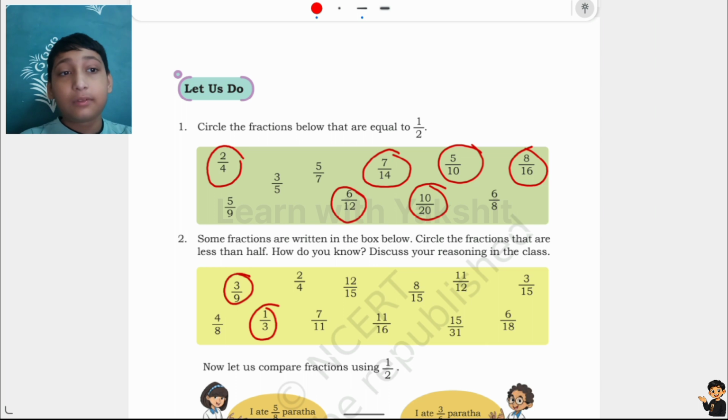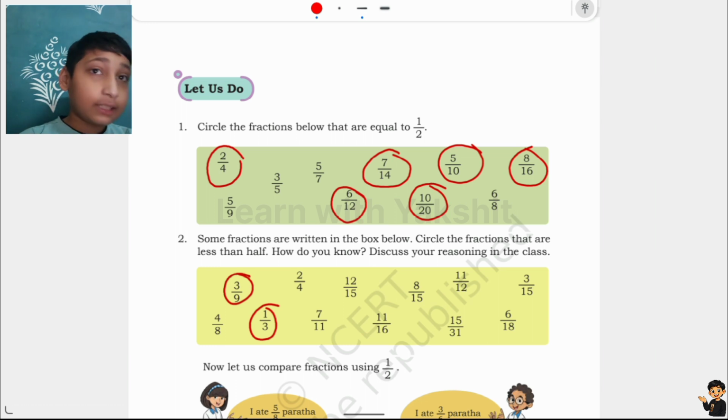If we add 1 upon 2, it becomes 6. And yeah, 7 is more. You can see here. So we can't circle that.